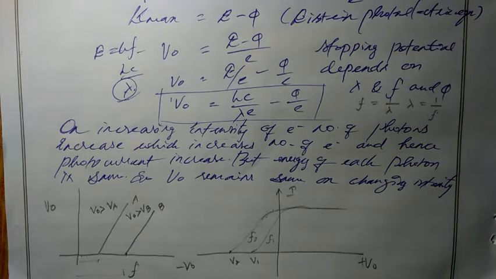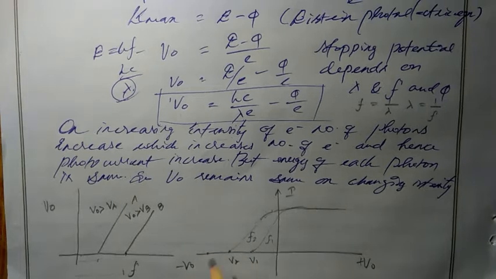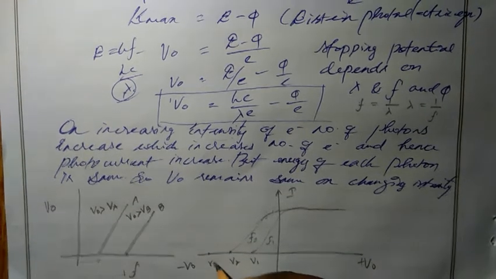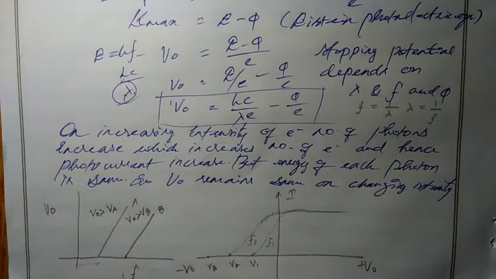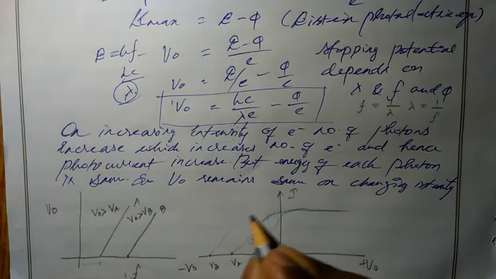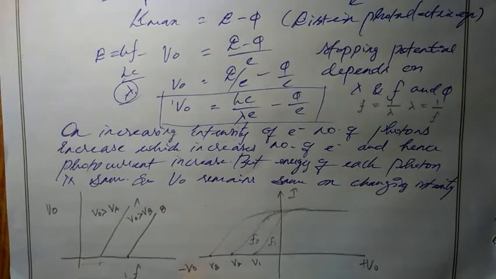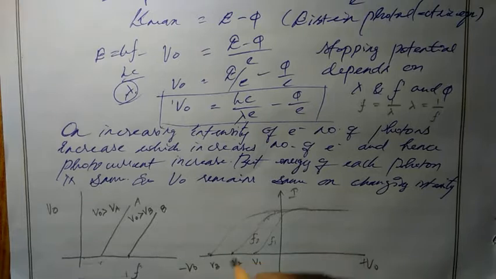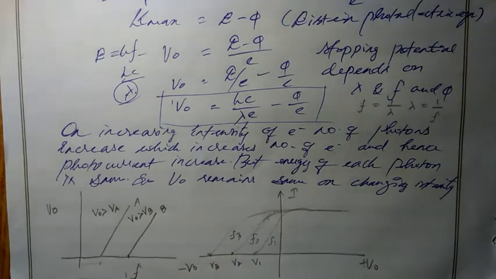Further increase the frequency, and our stopping potential also increases. So let's take this V3. For V3, our frequency increases, stopping potential increases. So the graph will come like this. Let's take this frequency as F3.